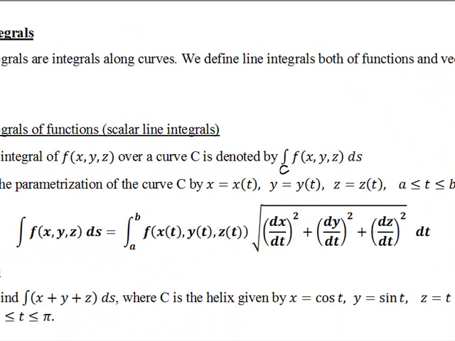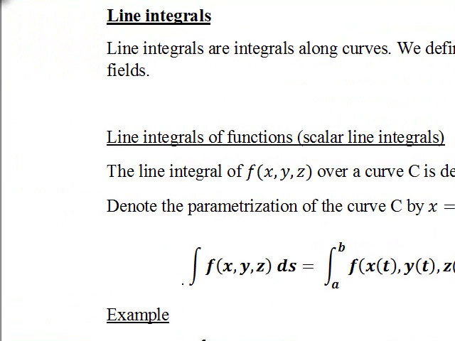Okay, so let's say the parameter is t. You parameterize it in this way. x is x of t, y is y of t, z is z of t, and t lies between a and b. And so this is the definition of the line integral. So the line integral over C of f of x, y, z is equal to the integral from a to b.